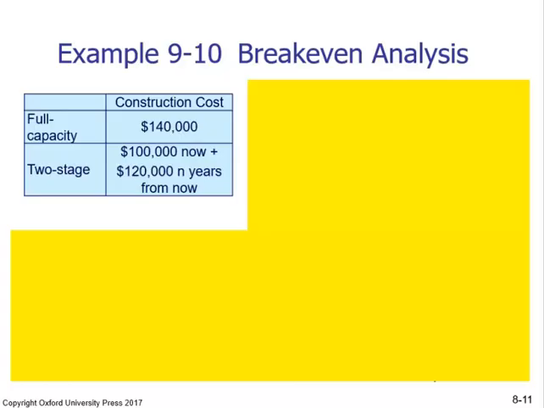We can make it in full capacity, and it costs us $140,000, or we can make it in two stages, and now we just need to pay $100,000 and $120,000 n years from now.